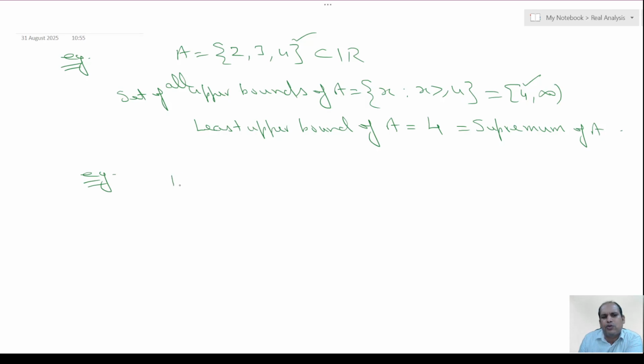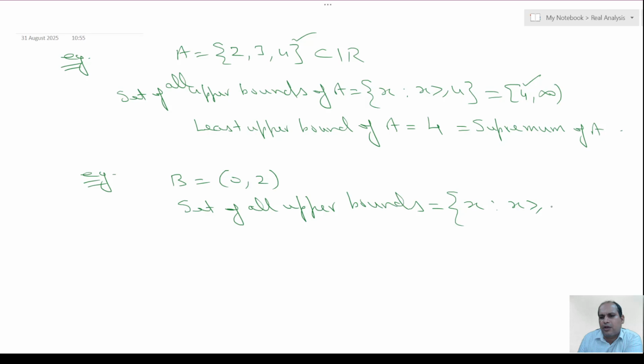For example, if I choose B equal to the open interval 0 to 2, then what will be the set of all upper bounds? This set is bounded above, and every real number greater than or equal to 2 is its upper bound. So, I can collect all those upper bounds, and those will be all real numbers greater than or equal to 2, or 2 to infinity.